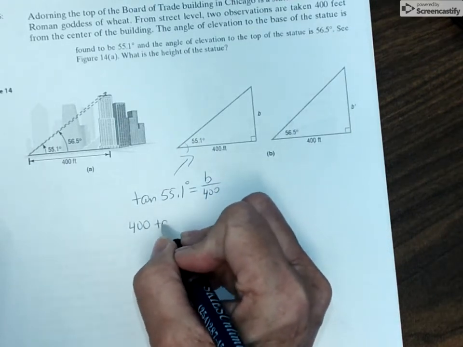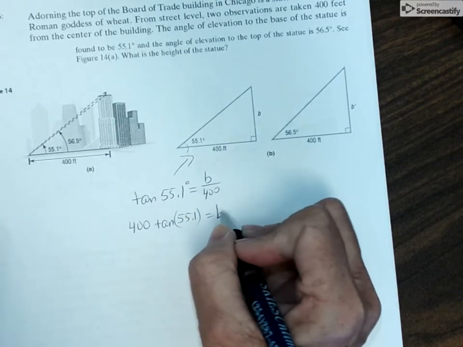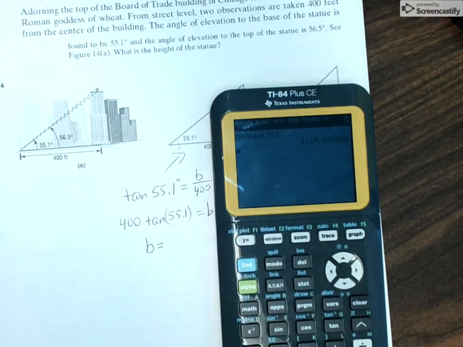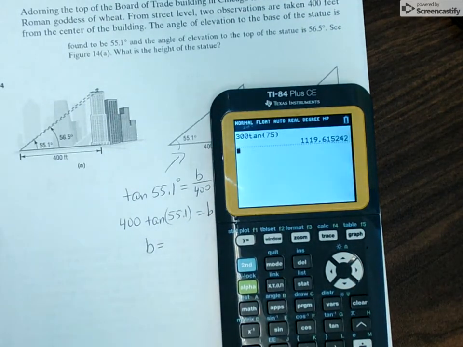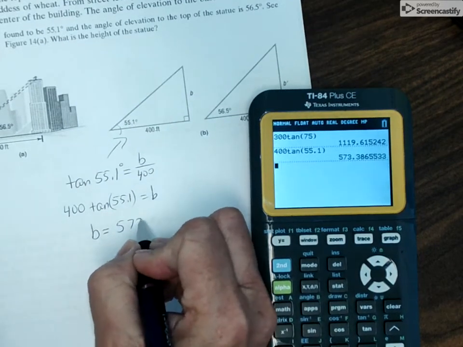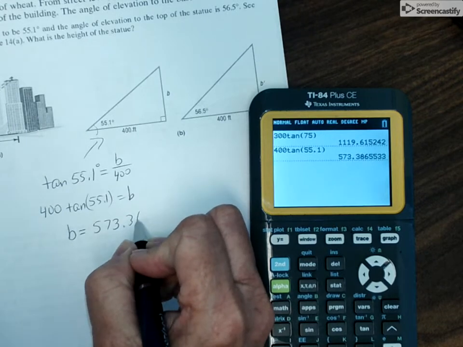I've got 400 times the tangent of 55.1 is equal to b. So let's plug this in the calculator now. 400 times the tangent of 55.1 degrees is 573.39.